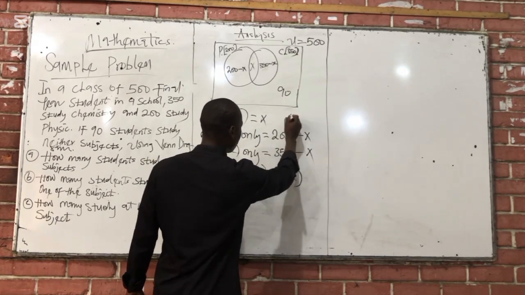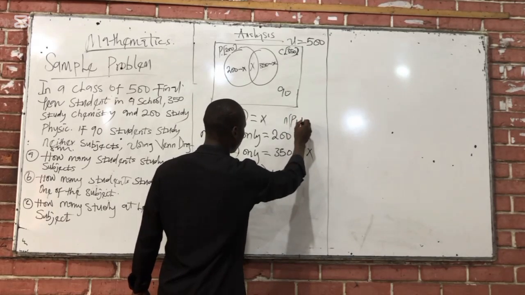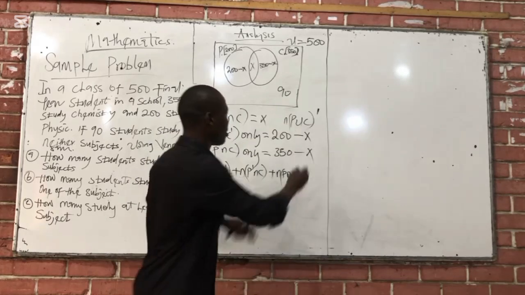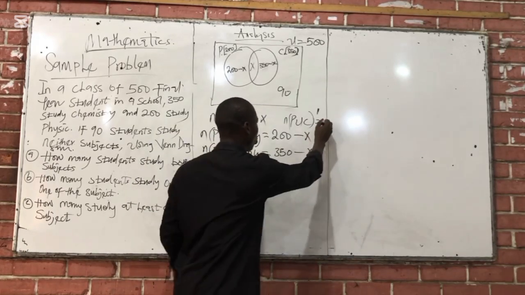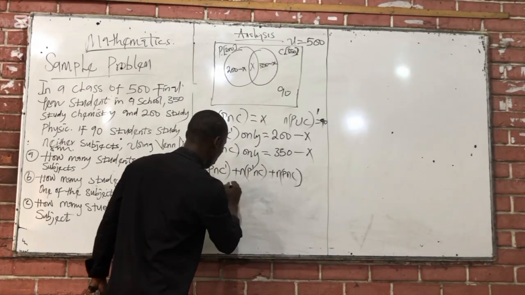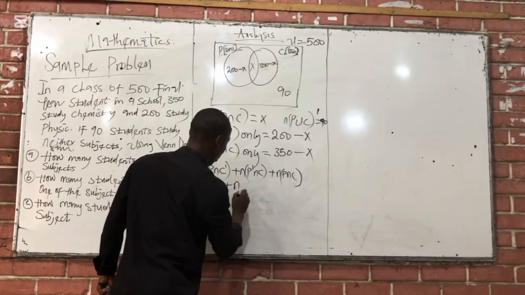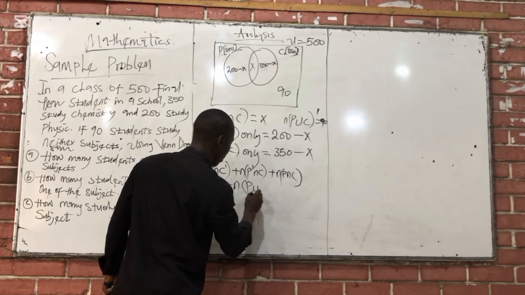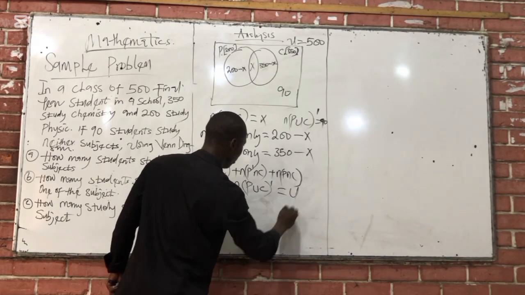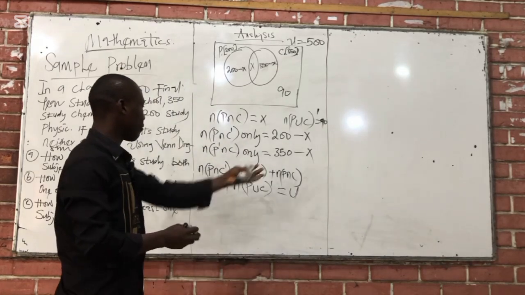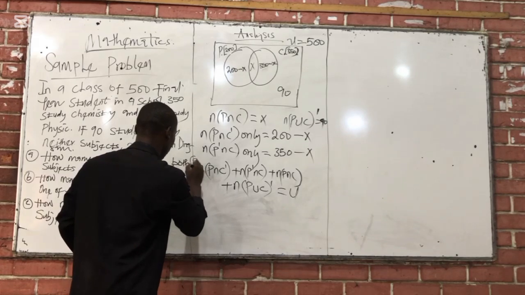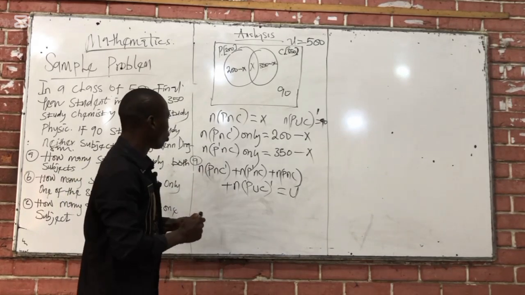This is the number of P union C. So this actually means that the students studied neither chemistry nor physics. So this is plus this, the number of students that studied neither chemistry nor physics, is equal to the universal set. So this is the formula we are going to be using in tackling question A. So this is question A, the number of students that studied both subjects.